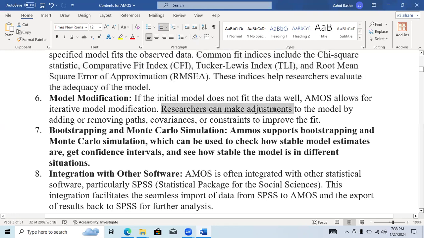So the researcher can make adjustments to the model by adding or removing paths, covariances, constraints to improve the model fit. These are some of the things that you are going to learn during the process.